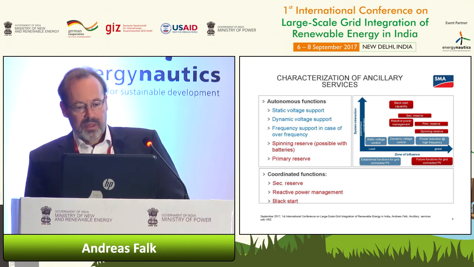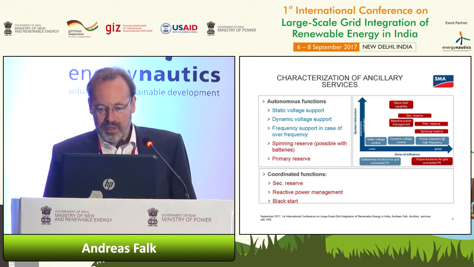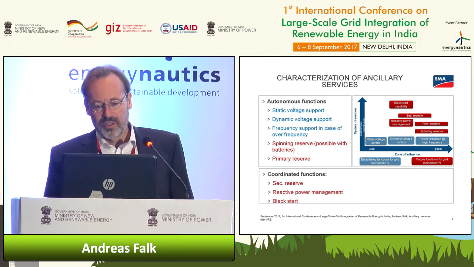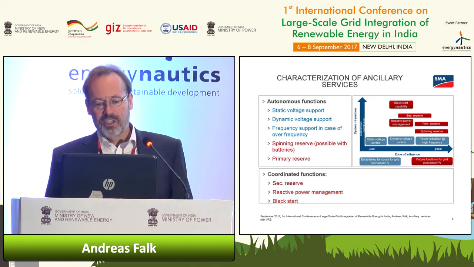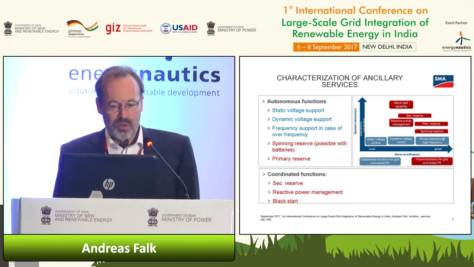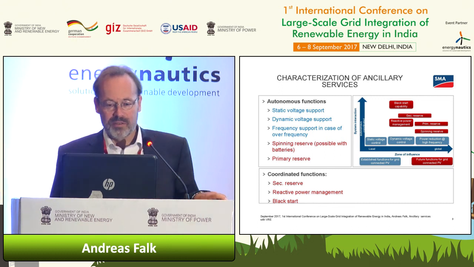The first thing I would like to speak about is the voltage support. The voltage support is injecting of reactive power mainly, and it's from local influence. It influences the grid near the site.